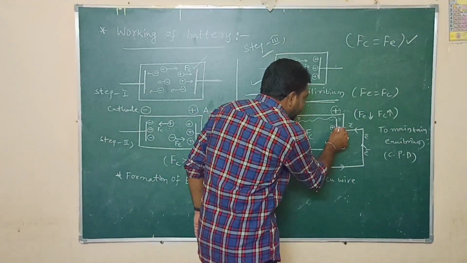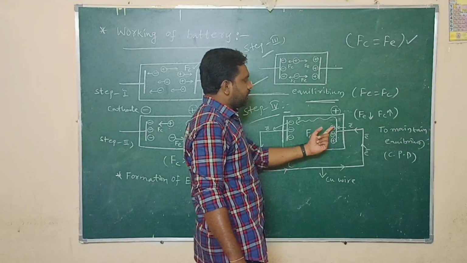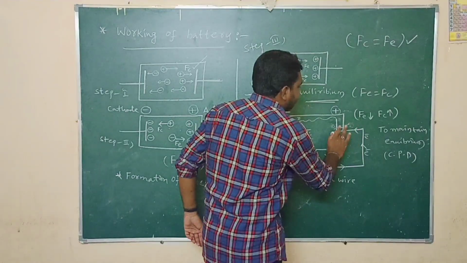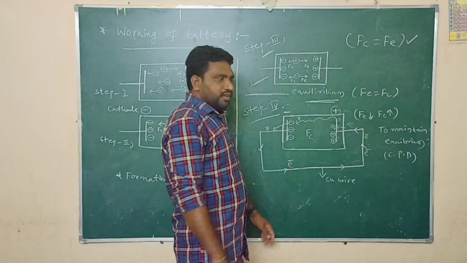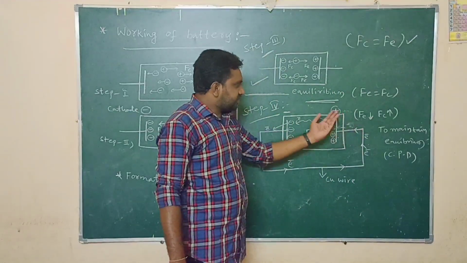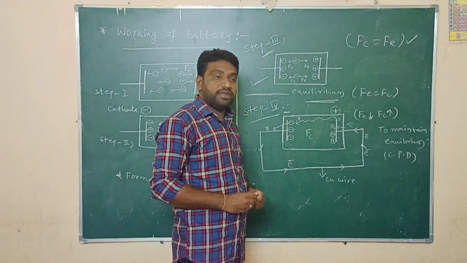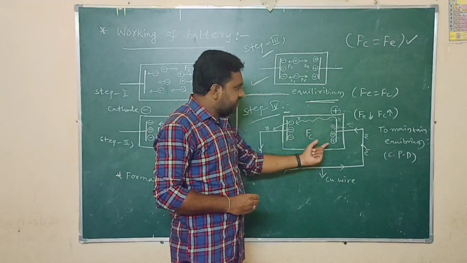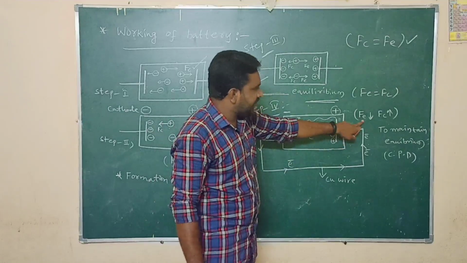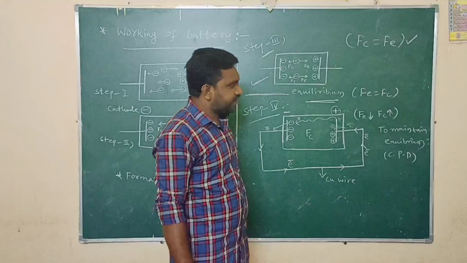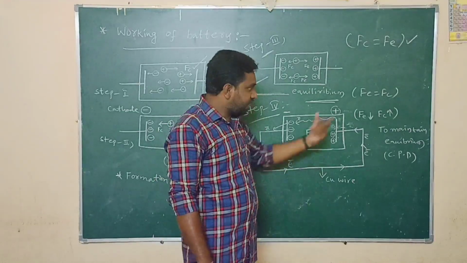Again, one more electron combines with another positive charge, so one more positive charge is also removed. If this process continuously takes place, the amount of positive charge is going to decrease. When positive charge decreases, the electric force is continuously decreasing, but it should not take place.